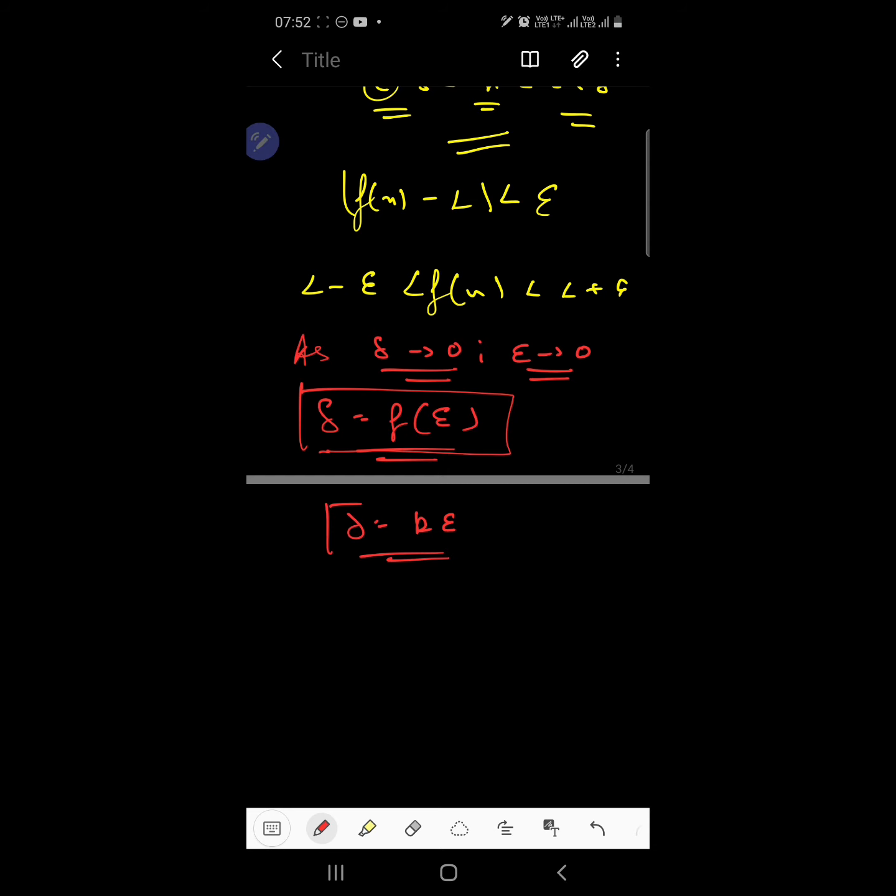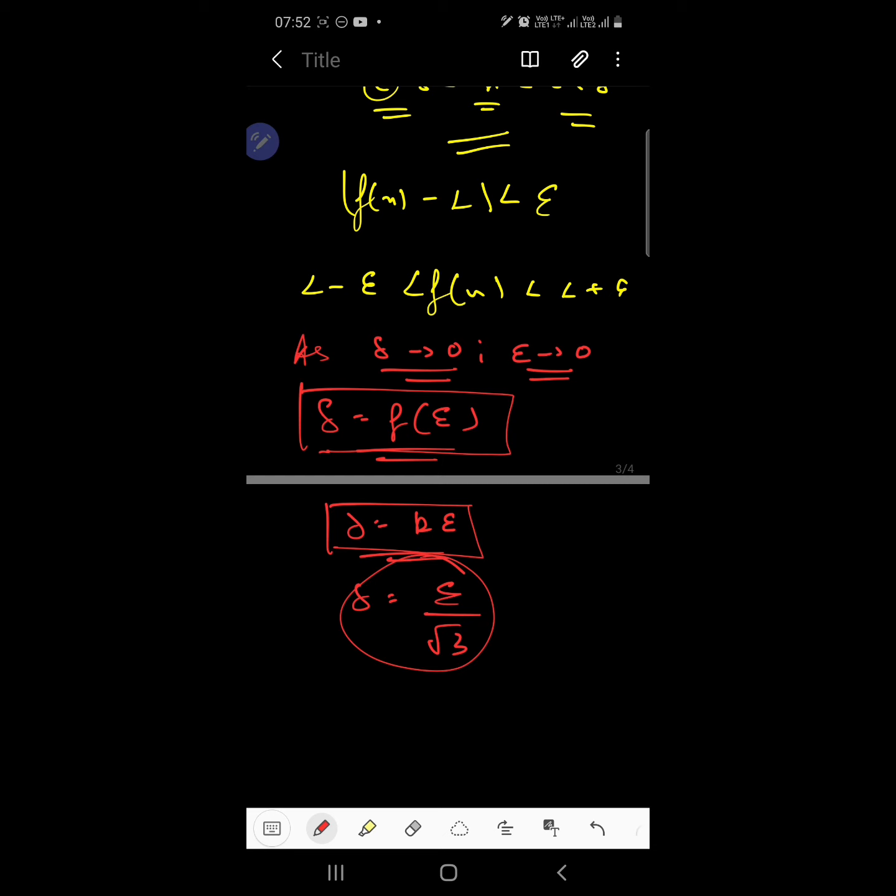For example, delta equals epsilon over root 3. The functions are available in these ways. Delta and epsilon are related by a single multiplicative factor.